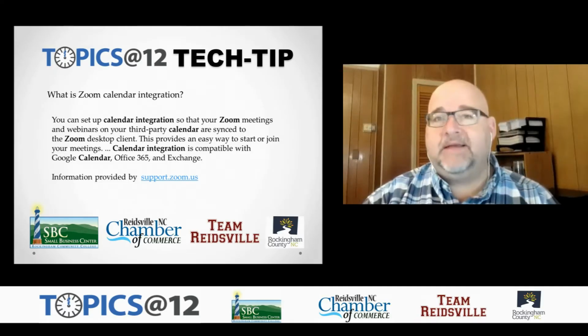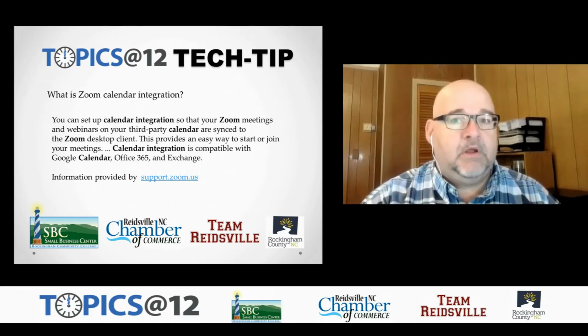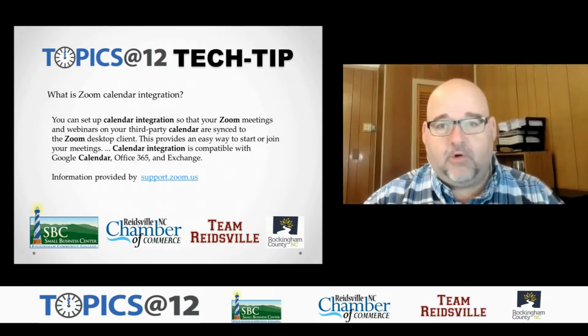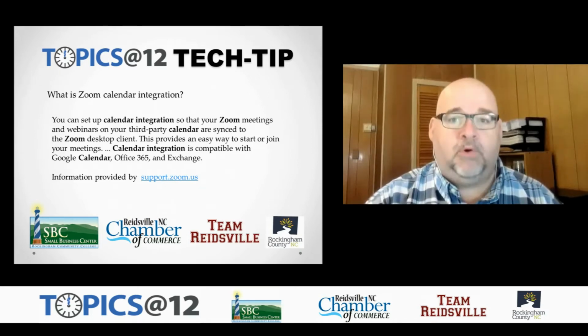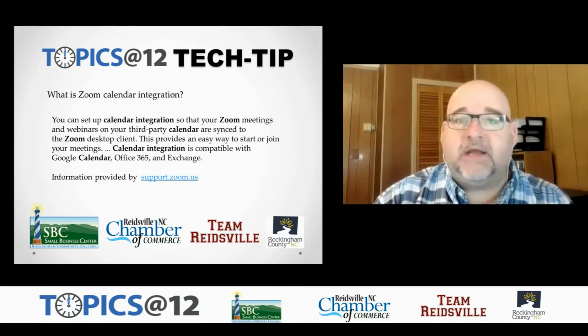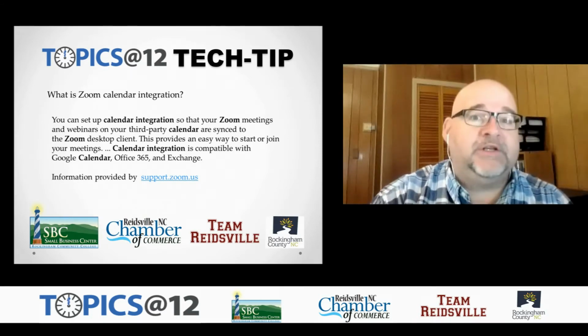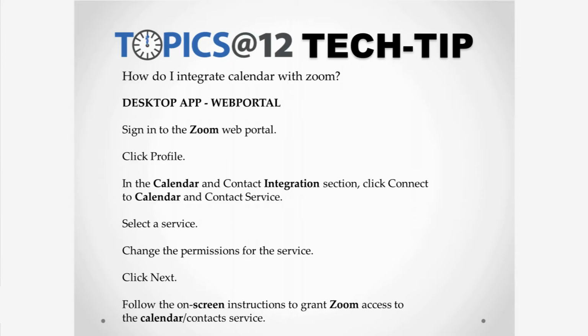Now, it's a little bit different between a desktop application integration with Zoom and your mobile. So we're going to break these out into both parts. Let's take a look first at integrating with your desktop calendar. You're going to first sign into the Zoom web portal. You'll click on your profile.